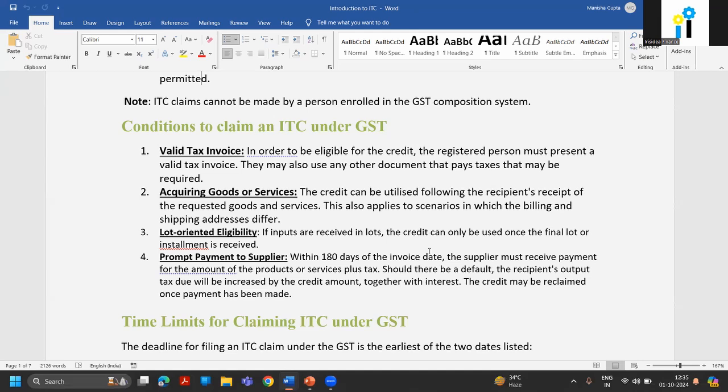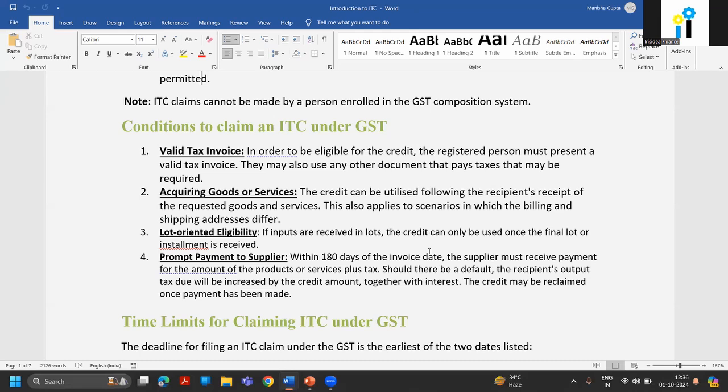Lot oriented eligibility. If you are getting input receipt in a lot, the credit can be used only when you receive the final lot. You have an agreement with your vendor that you will get 10,000 goods, but it will be divided, like the first lot will be 5,000, then 5,000.